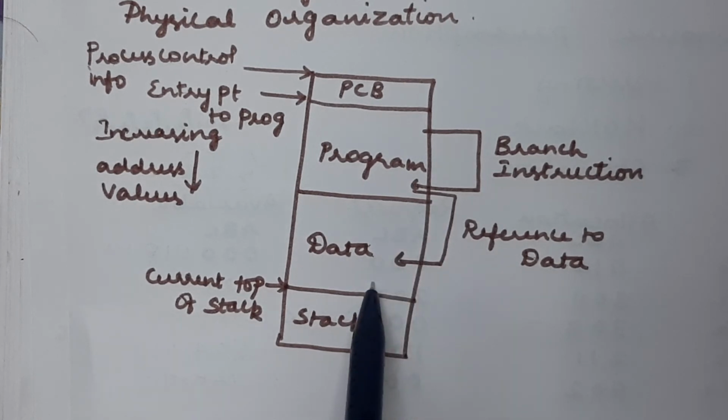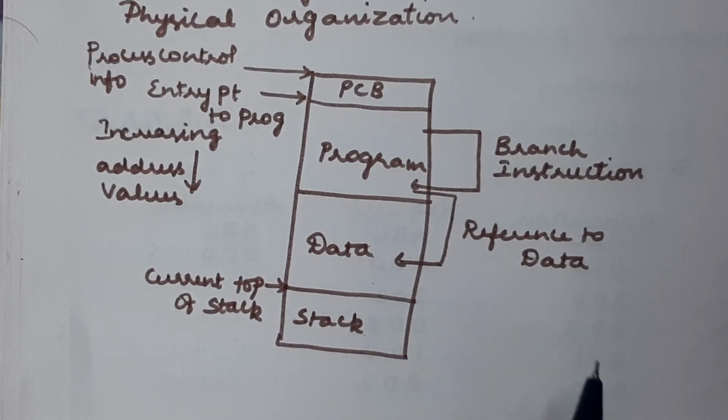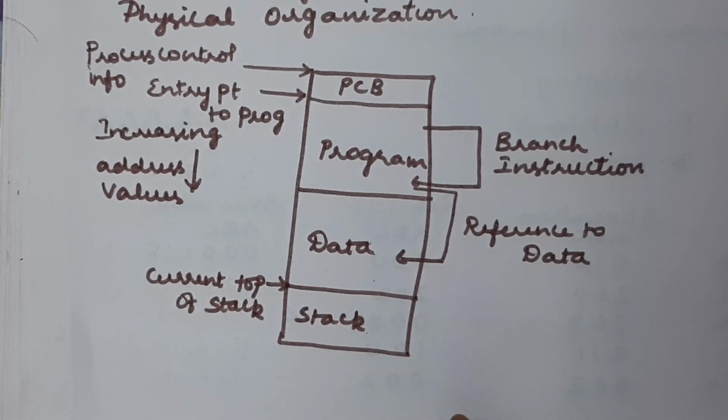In order to perform any operation we need a stack, because the stack is the simplest data structure to use, and it is also more efficient. Rather than other data structures, if you use the stack organization to hold the data, it is more efficient to perform all the operations.